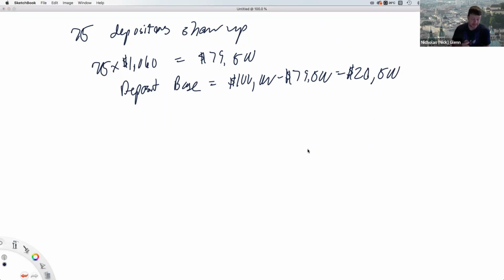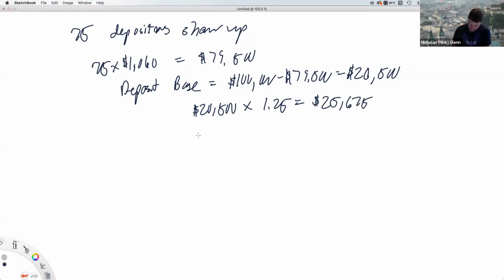All right. So we want to get the earnings first. Not the profit, what the bank actually earns. So the bank doesn't earn anything on this 79,500 that's pulled out, but it'll earn something on this remaining money here if they hold it till time period 2. So take 20,500, multiply it by 1.25, and you'll get $25,675.